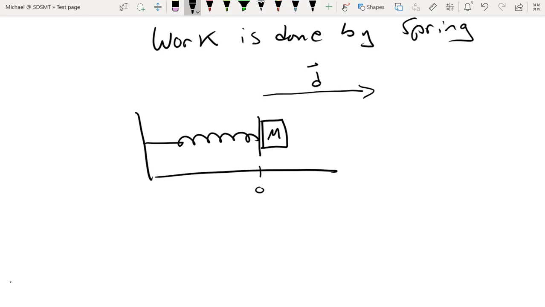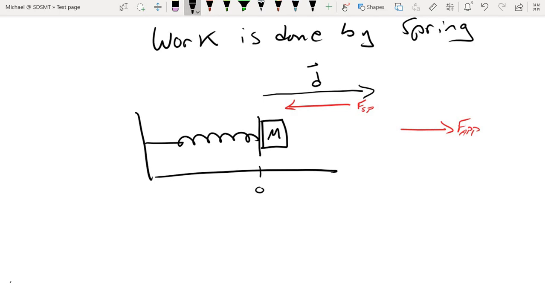In doing so, when we displace the spring, that requires us to apply some kind of force to remove the spring from equilibrium. But as that is happening, the spring will apply a counter force in an attempt to return to equilibrium.